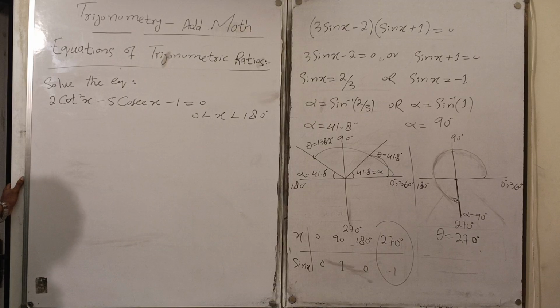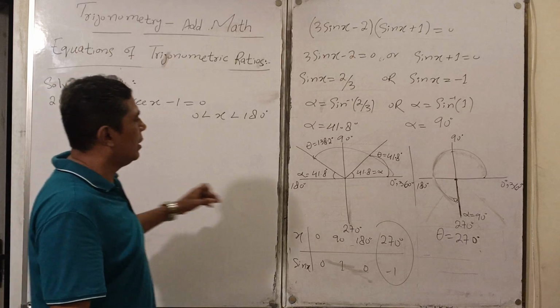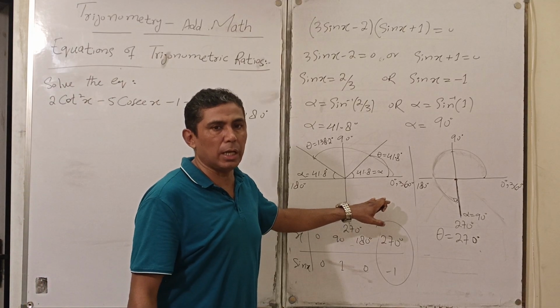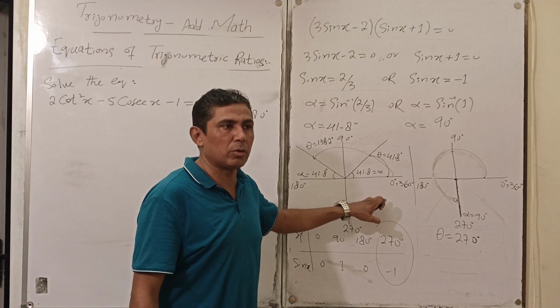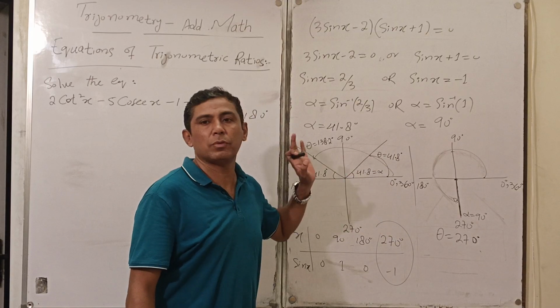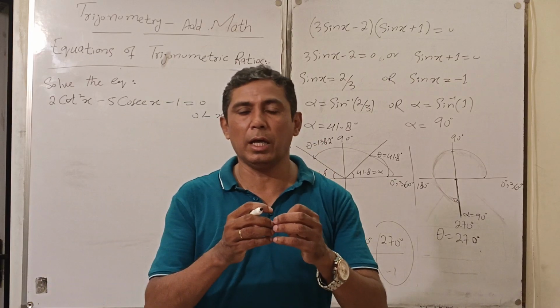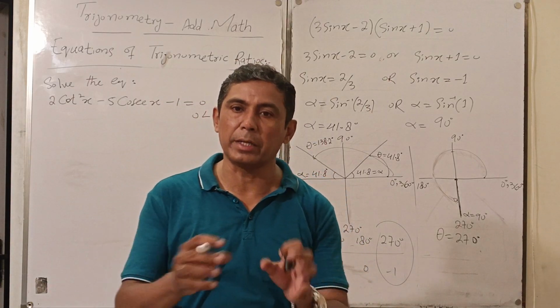Whenever you have questions related to solving equations, you will find the alpha and find the value of theta through the graph. Remember, in case of a proof, you have to prove left hand side equals right hand side.